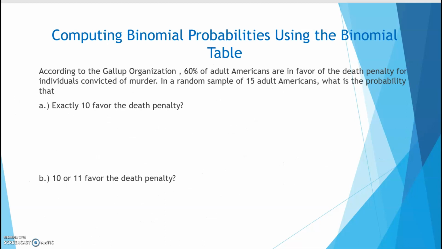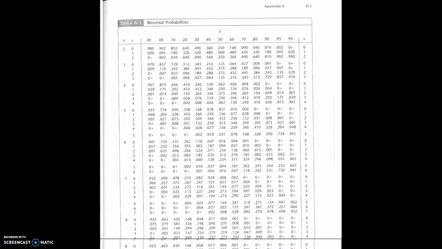Okay, now there is another way to do these things. We have something called a binomial table, where somebody has already computed each one of these binomial probabilities. Here's the table. All of this up here is going to be your probability of success, and they've got that denoted P right here.